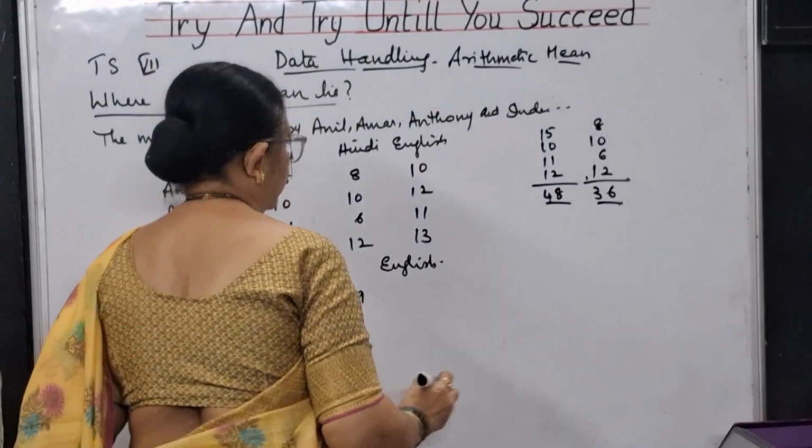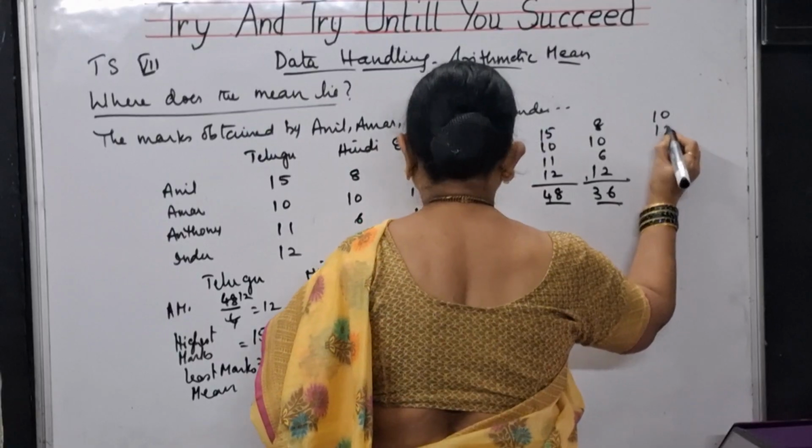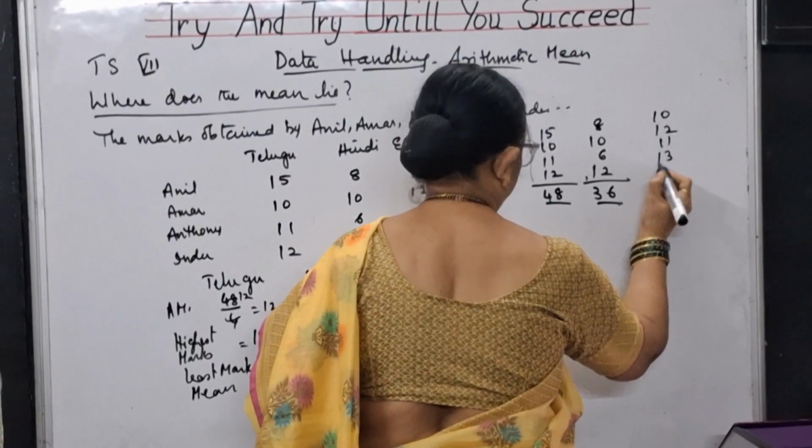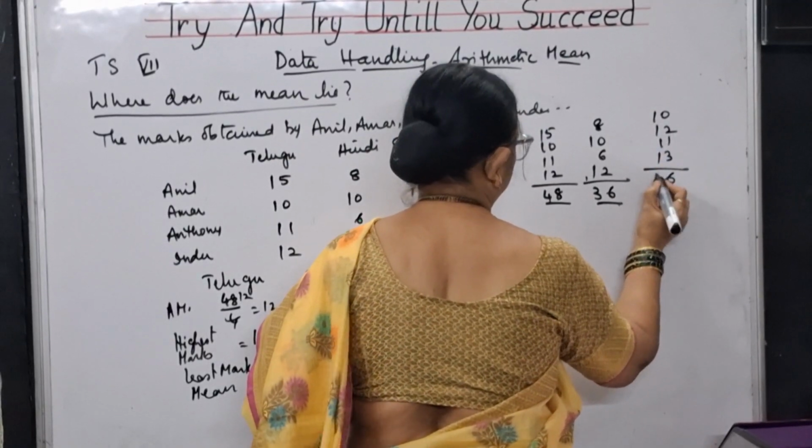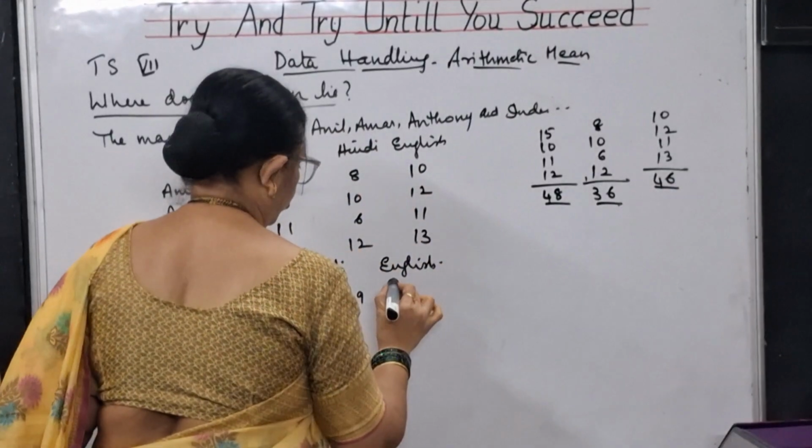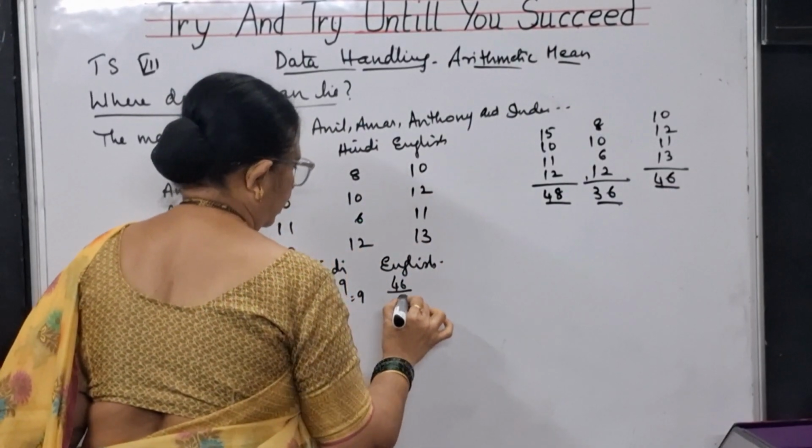And English: 10, 12, 11, 13, which adds up to 46. So 46 by 4.